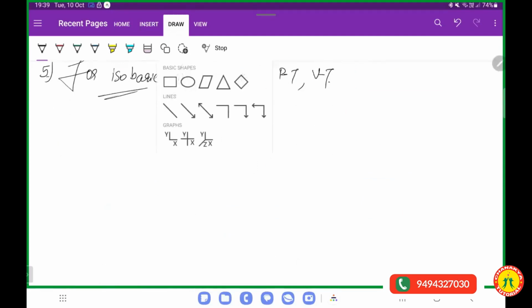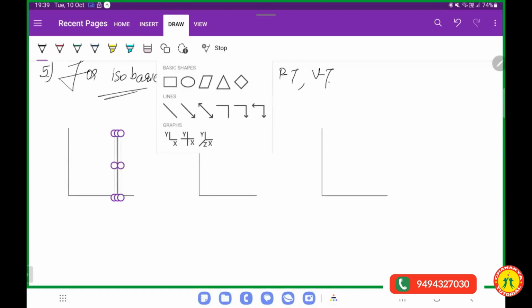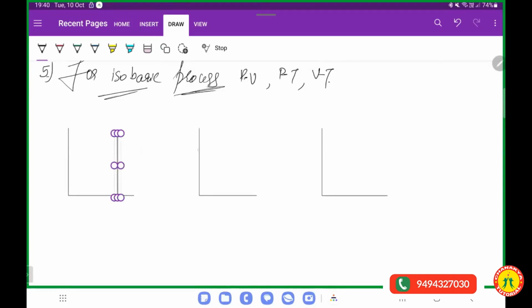Isobaric process. Let's draw 3 graphs. You can start drawing 3 graphs. This was PV, right?